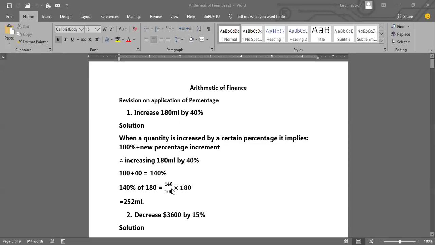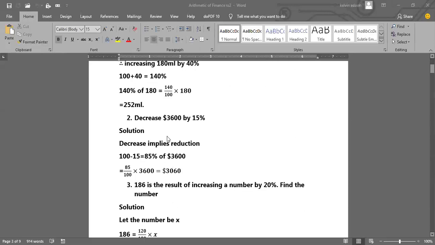The same applies when it comes to decrease. Look at number two: we're asked to decrease 3,600 by 15%. The same idea applies. See 3,600 as 100%. Then we are told it is decreasing by 15%. Since something is decreasing or diminishing, it's minus.